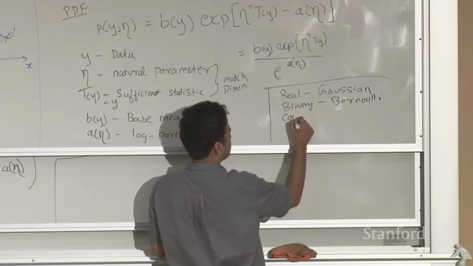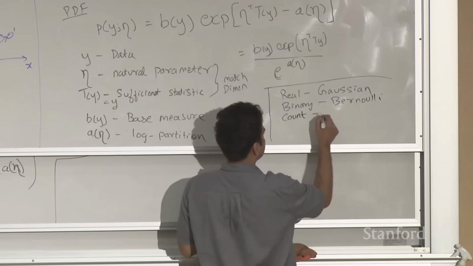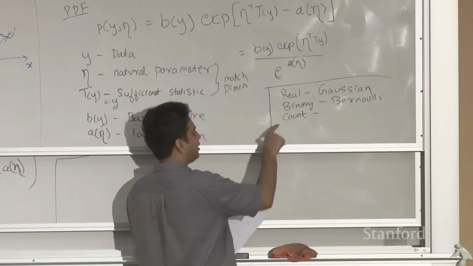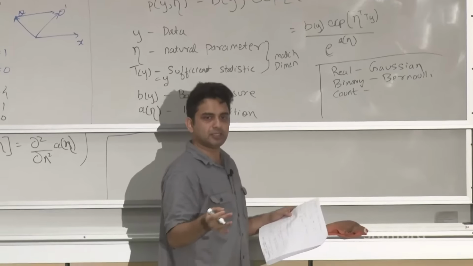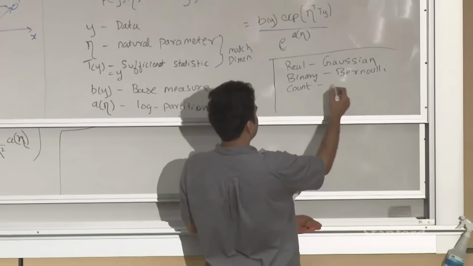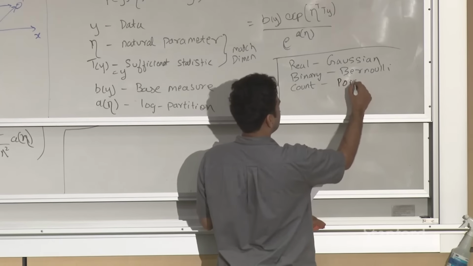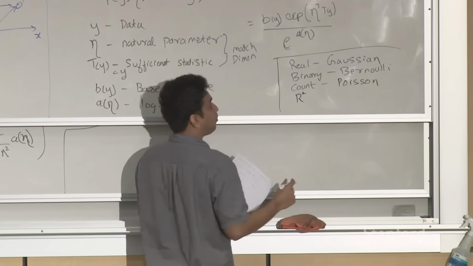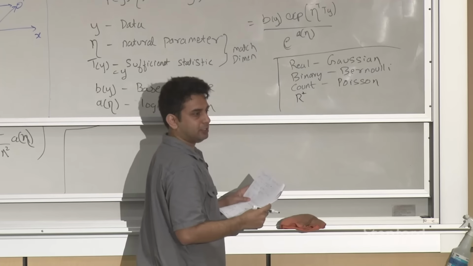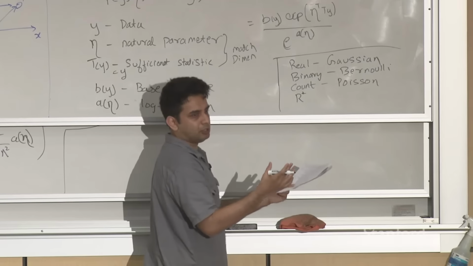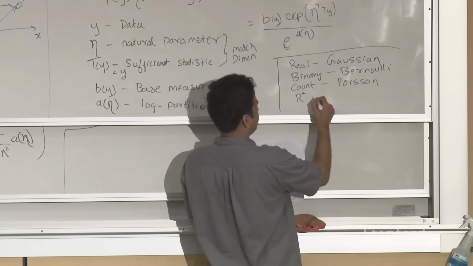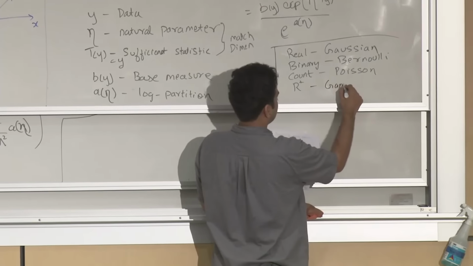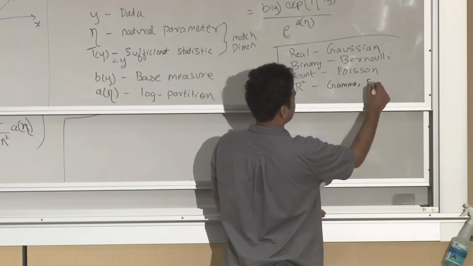If you have counts, by which I mean non-negative integers, but not anything in between, you can use a Poisson. If you have positive real valued data, like the volume of some object or the time to an event, where you're only predicting into the future, you can use a gamma or exponential.